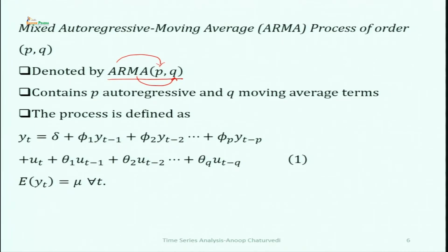Then the process is defined as y t equal to delta plus phi 1 y t minus 1 plus phi 2 y t minus 2 plus so on plus phi p y t minus p. So, the past p values of y's are involved.